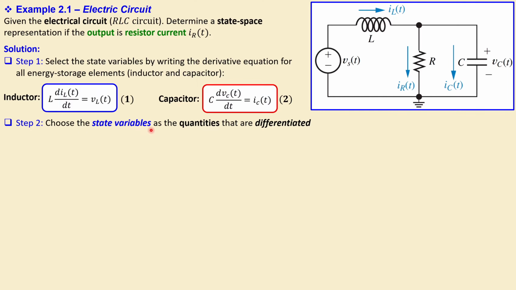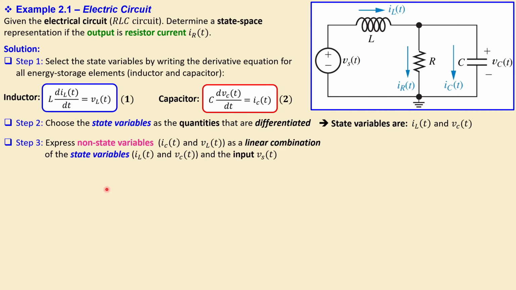Now choose the state variables as the quantities that are differentiated. Let's look at equations 1 and 2. What is differentiated? It is the inductor current, and it's also the capacitor voltage. Now we can say, aha, the state variables are the inductor current and the capacitor voltage. It's really that simple if you just follow the steps.